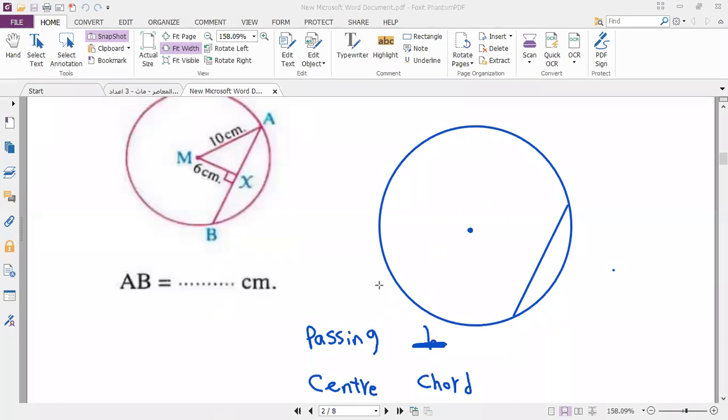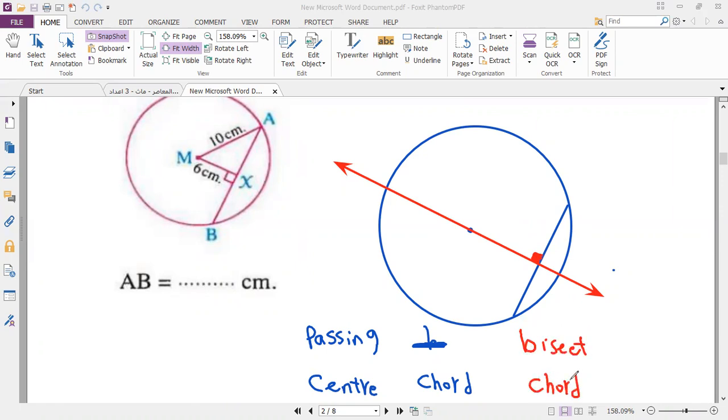If there is a straight line passing through the center of the circle and perpendicular to any chord, so this straight line bisects this chord.